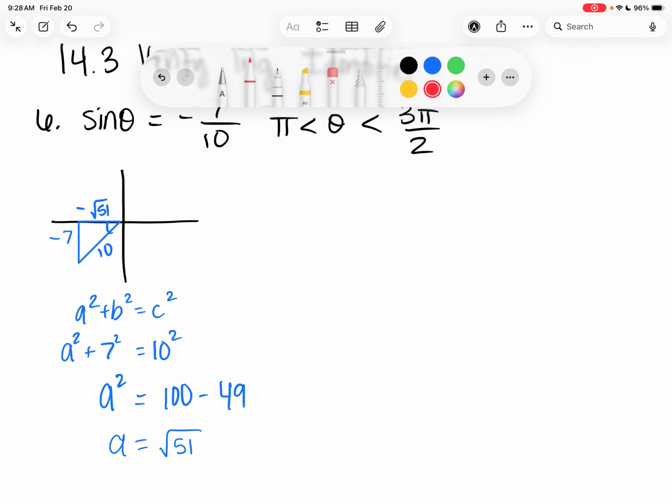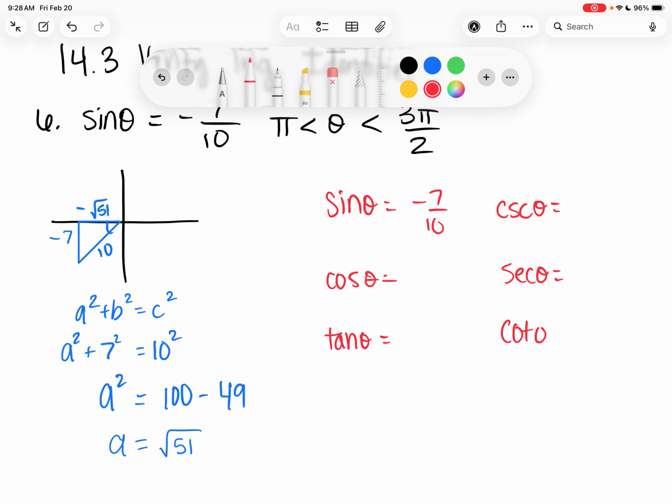So, setting them up, obviously sine was given to me. So what would cosine of theta be?